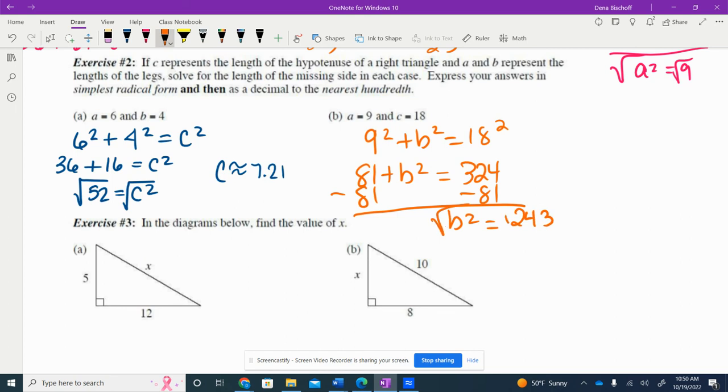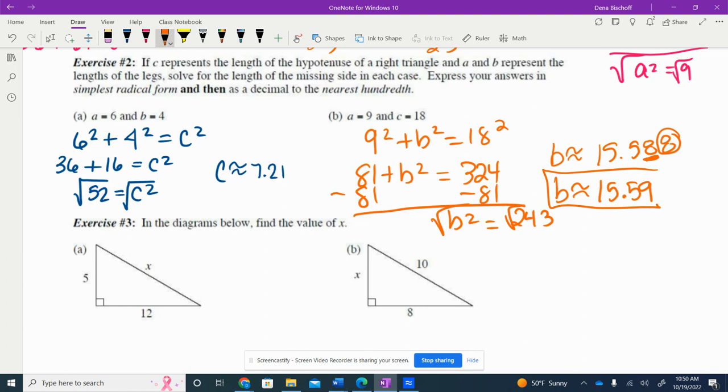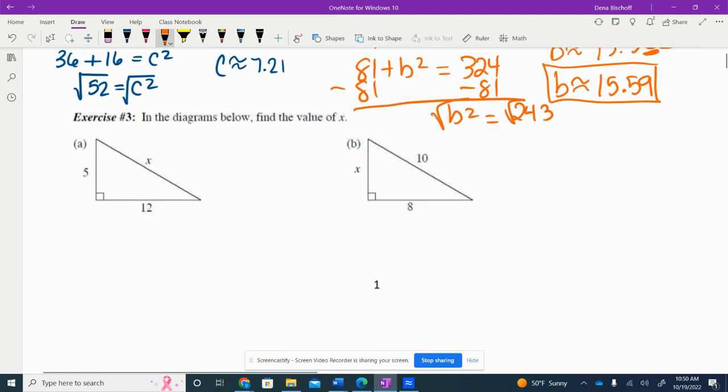When I take the square root of 243, I find out that b is about 15.588. If I'm rounding to the nearest hundredth, this is the hundredths place, and this number tells me to round it up. So b is about 15.59.